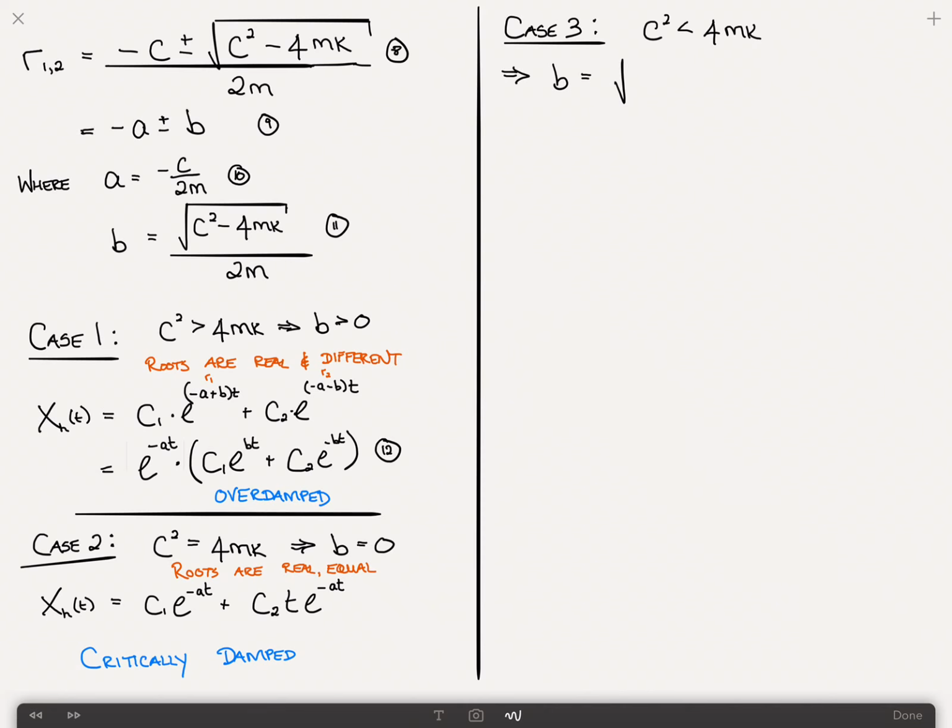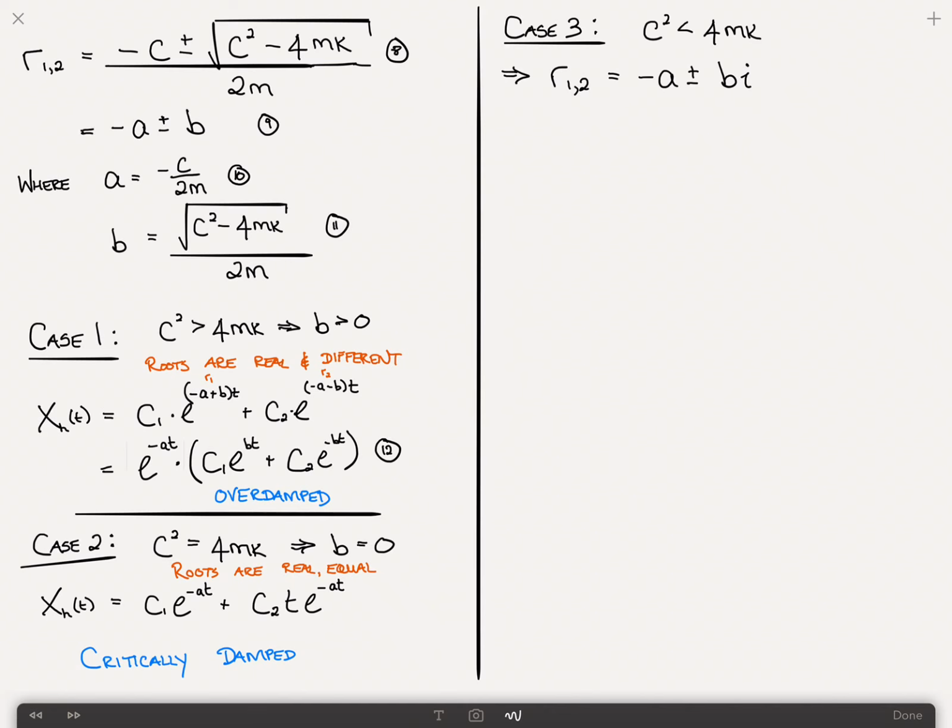What I'm trying to say is, it's not that b is equal to the roots, b is imaginary. So I rewrite the roots 1 and 2 as equal to minus a plus or minus b times i. In other words, b is an imaginary number because what's in the square root sign is negative.